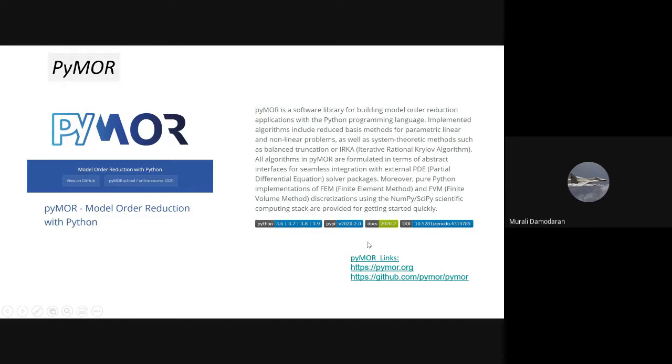Now, of late, people have put together a platform called PyMOR. These are all model order reduction routines written in Python. This is something which Dr. Madhukar and I are thinking about dabbling in, and maybe offering some courses in the future, because we believe this has an important role to play in machine learning and its application in fluid dynamics.